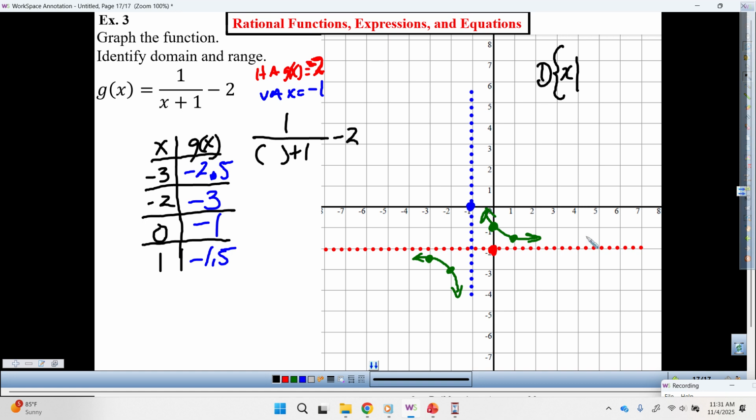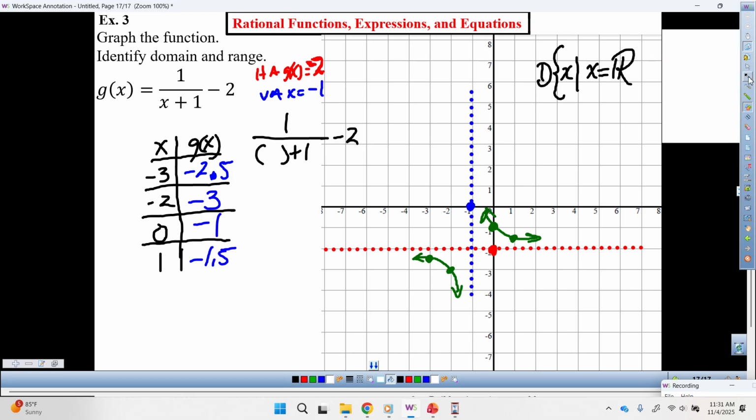Arrows indicate it goes to positive infinity, except for which value, everyone? Negative 1, is that correct? So we're going to write that x equals all real numbers, except what? Except which x value? So x cannot equal negative 1. Write that in there, please. And close the bracket.